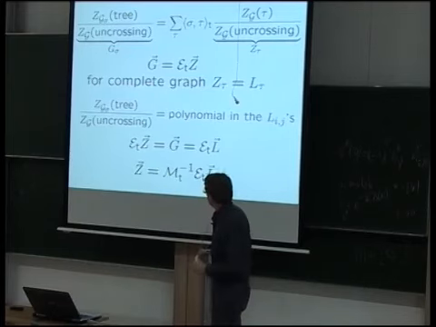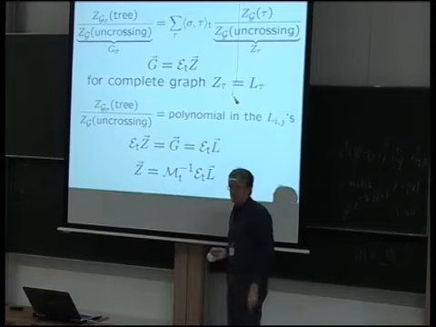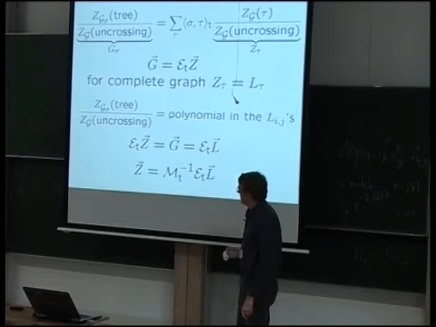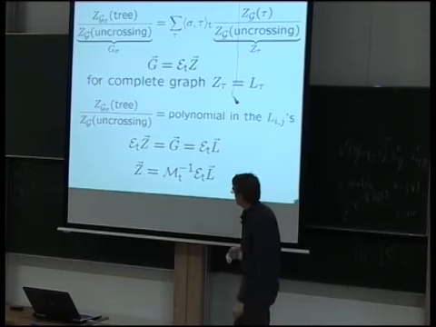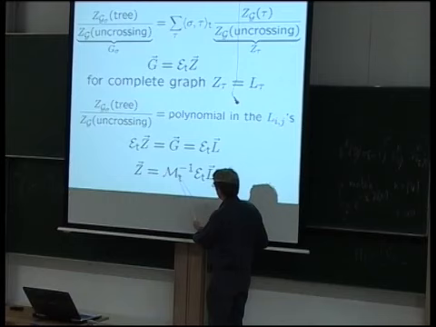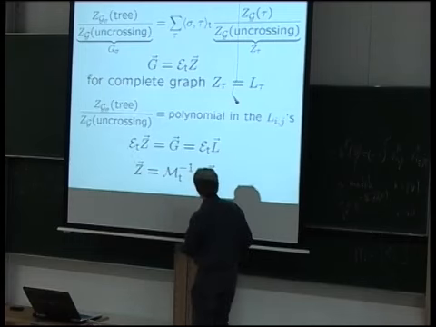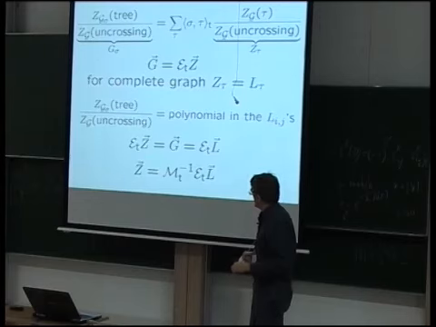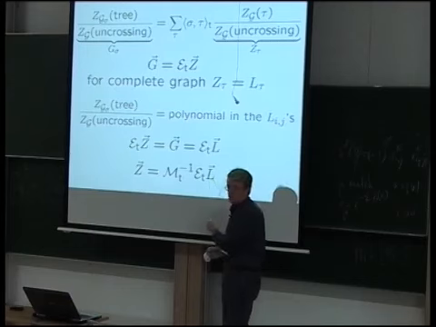And for planar graphs, the z's are 0 for the non-crossing partitions. And then using the fact that the meander matrix is invertible, you can multiply by the inverse on both sides. On the left side, it just drops out. And on the right side, you get a linear combination of the L taus.